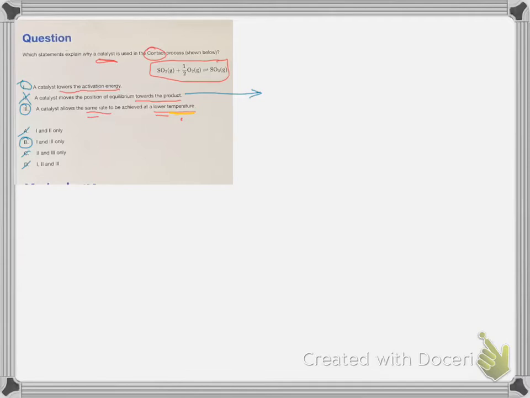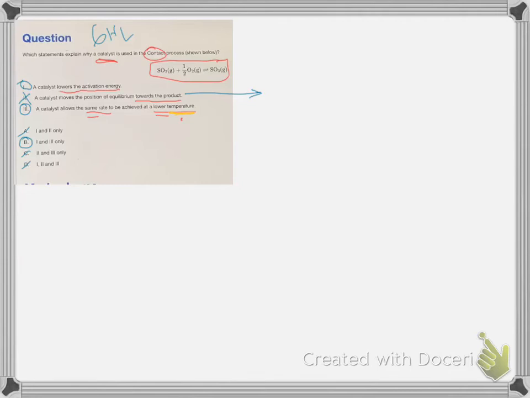Basically, for a dynamic equilibrium, as we study in HL chapter 6 and 7, and by the way, this question is chapter 6 HL, the rates of the forward reaction and the reverse reaction have to become equal. Obviously this takes time to be achieved.